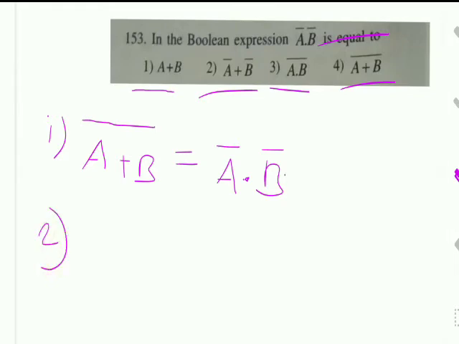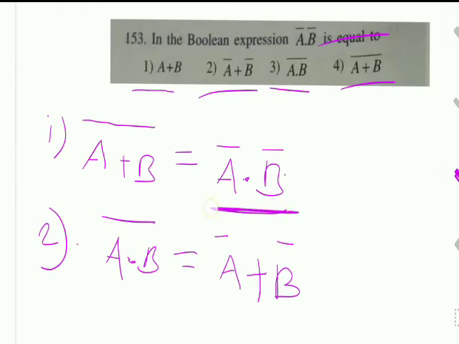Okay, from this first one, A complement and B complement is equal to A plus B whole complement, nothing but the first one. Option four is the right answer.